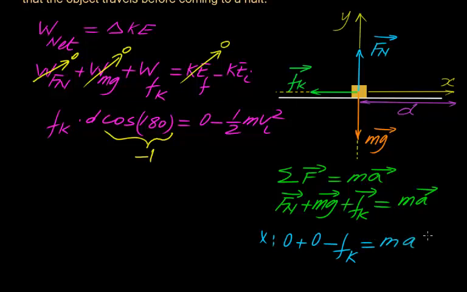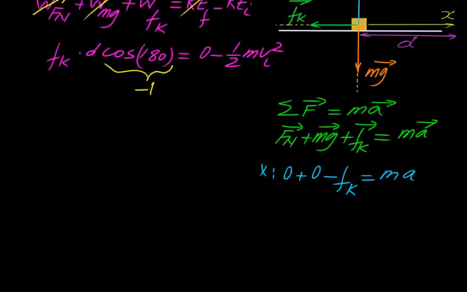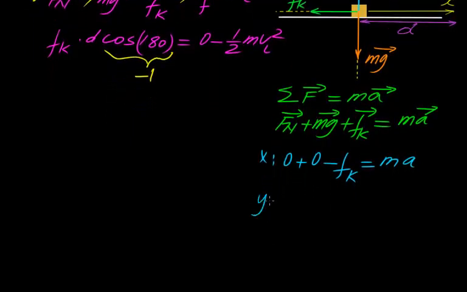The acceleration is lined up with the x-axis. The y component will have a positive normal force and a negative mg. Both of them are vertical. The Fk is lined up with the x, therefore has no y component. Of course, the acceleration is lined up with the x-axis, therefore the component of ma along the y is going to be 0.